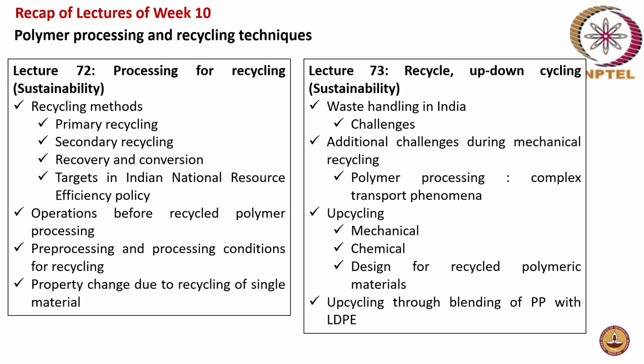For example, die swell may happen. To avoid die swelling, or to get a proper size of polymer in an extruder, we have to design the die accordingly. With experience, we know what die shape and size to use, but we may not know the same for a recycled polymer. So this adds further complexity.